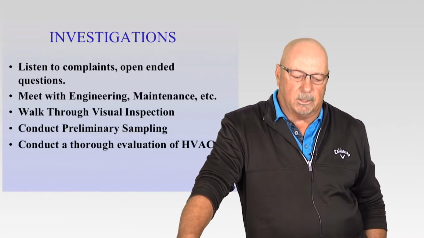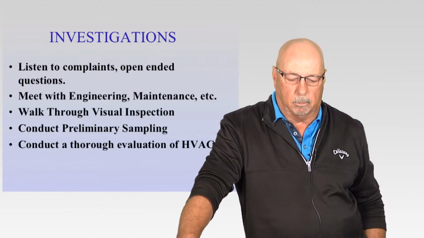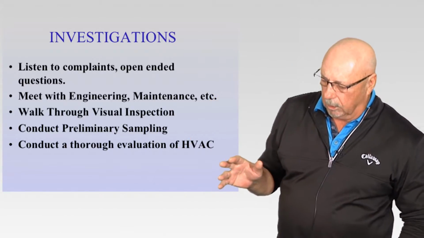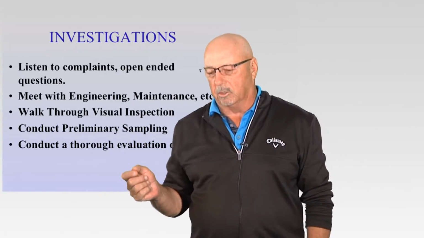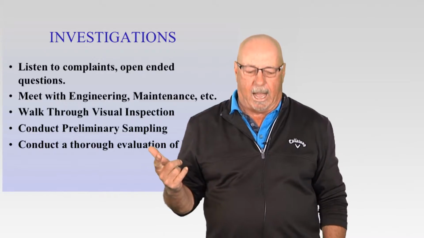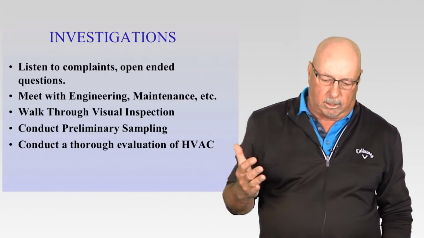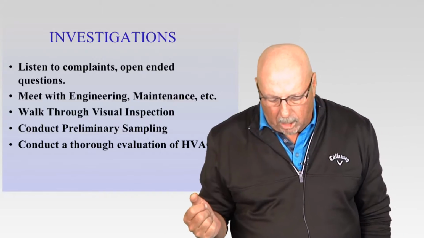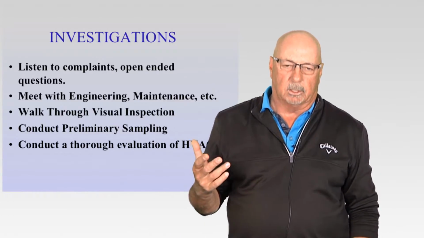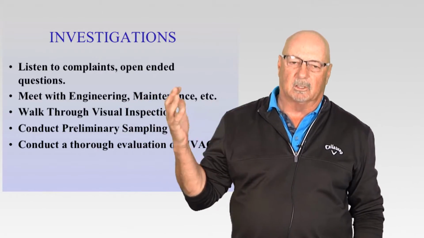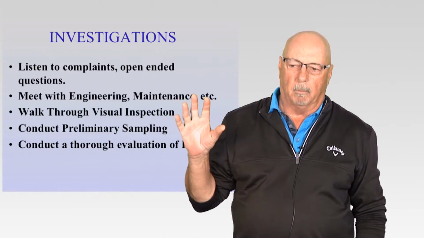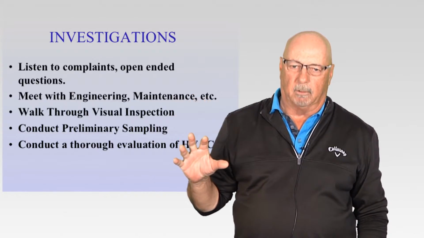In some cases, we do preliminary sampling. Some of the things we sample for is there's an indoor air quality monitoring instrument that will measure for carbon monoxide, carbon dioxide, temperature, and relative humidity. And carbon dioxide is a good indicator to us if we're bringing in enough outside fresh air into our indoor air quality environment.